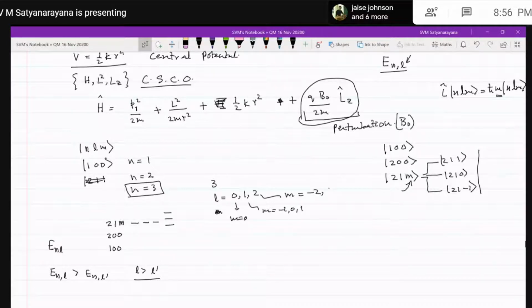So I think 3 is correct. There is no reason why it should be any other thing.